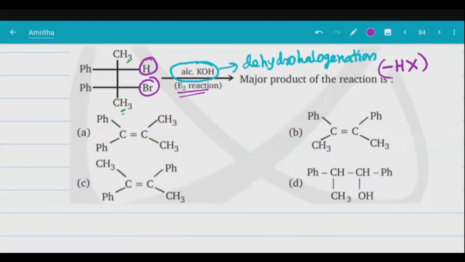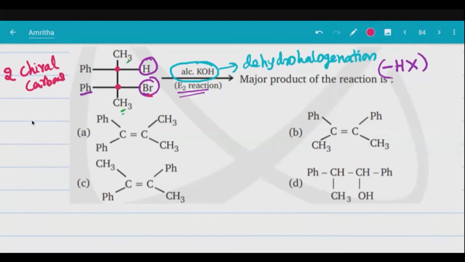Very simple trick, I'll tell you. See, in any Fischer projection, look at this. This is called a chiral center, this red colored center. So there are 2 chiral centers, chiral carbons. Now I need H and Br to be opposite.